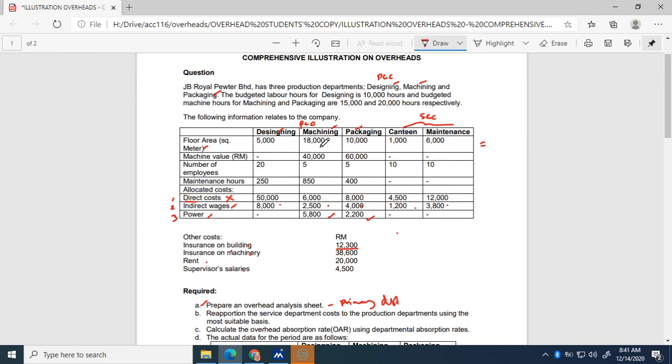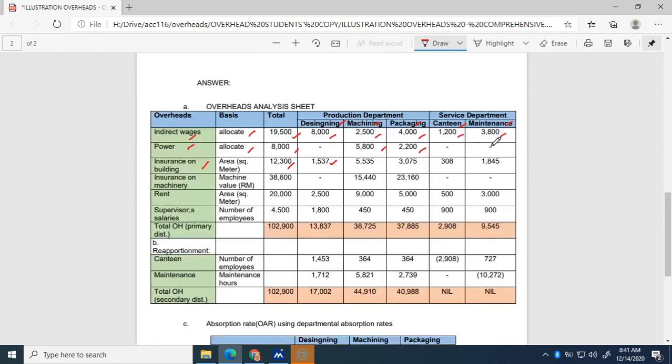Machining is 18,000 divided by the total, times 12,300, the total overhead for insurance, and you get 5,535. And then the same procedure for packaging, we get 3,075. Canteen we get 308 and maintenance 1,845, using floor area as the basis of apportionment.